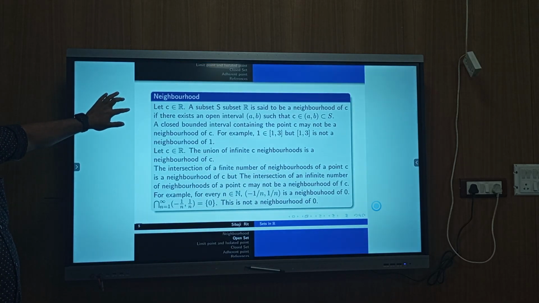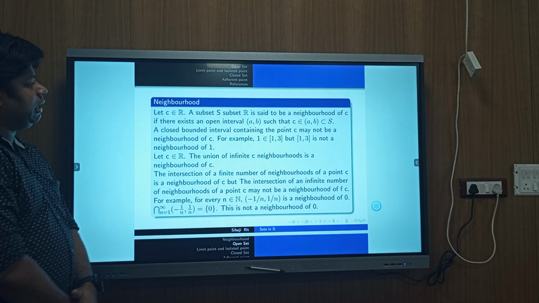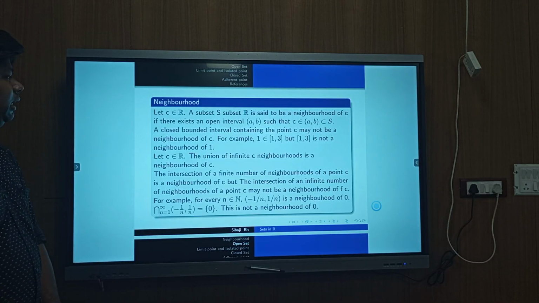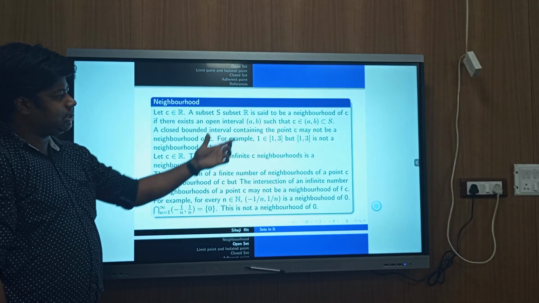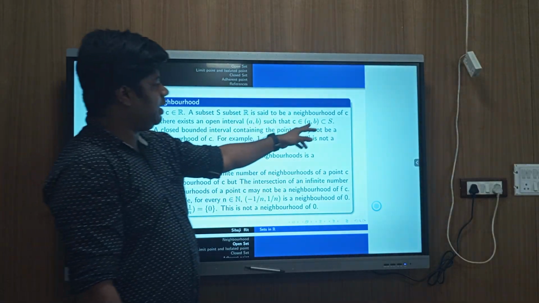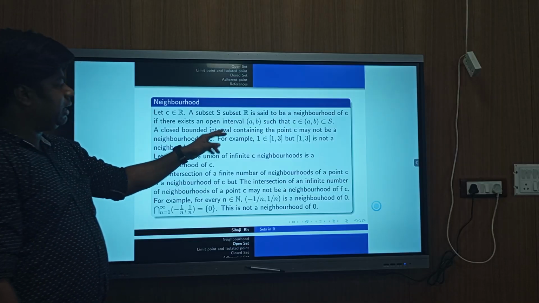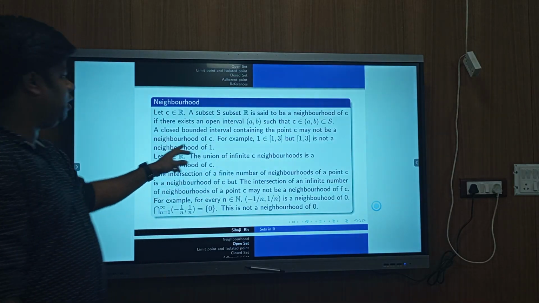Now we define neighborhood. What is a neighborhood? Let S be a subset of R. S is said to be a neighborhood of c if there exists an open interval (a, b) such that c belongs to (a, b), a subset of S. A closed bounded interval containing a point c may not be a neighborhood of c.